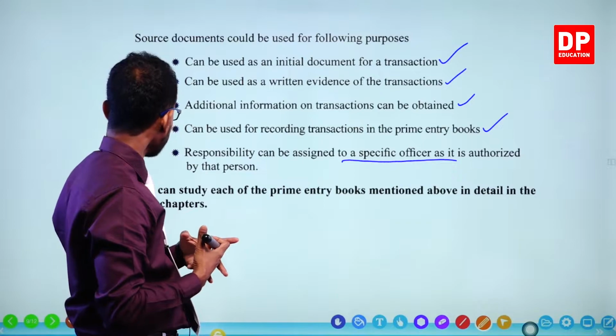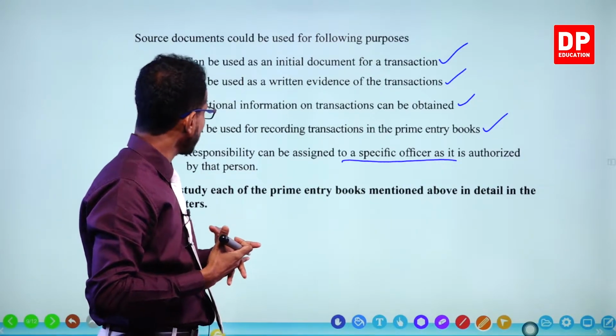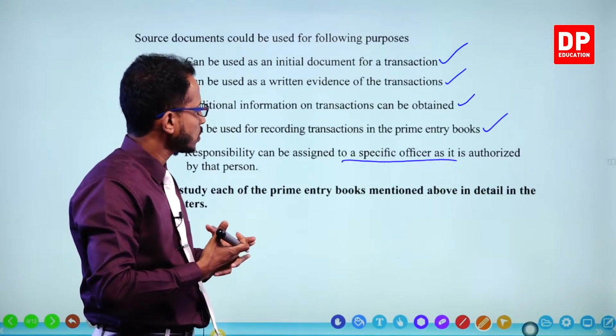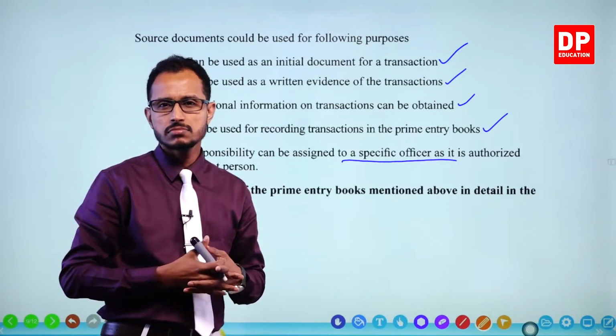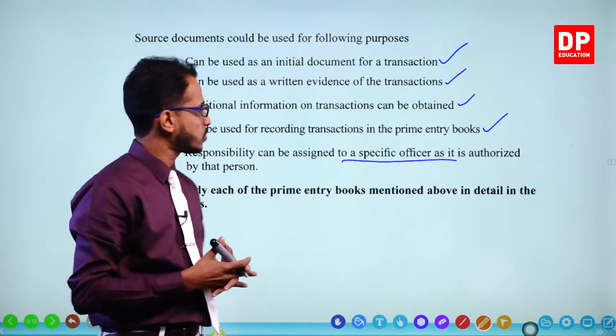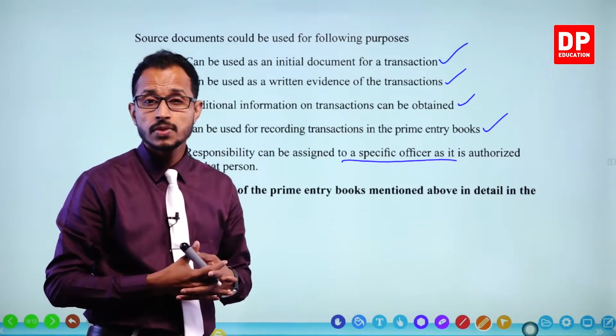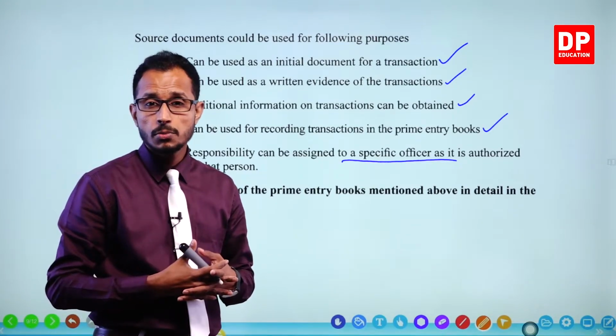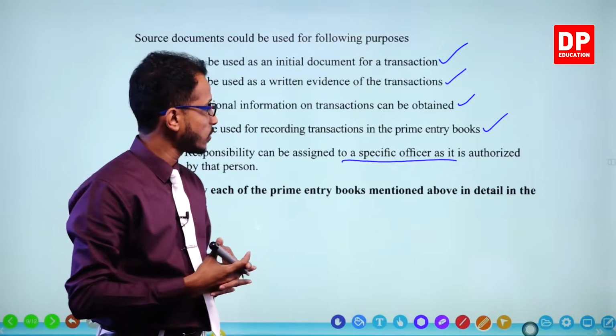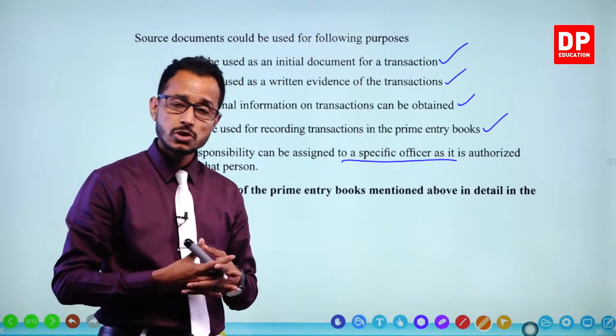So the responsibility can be assigned to an individual, to a staff member of your business, by referring to the source document.